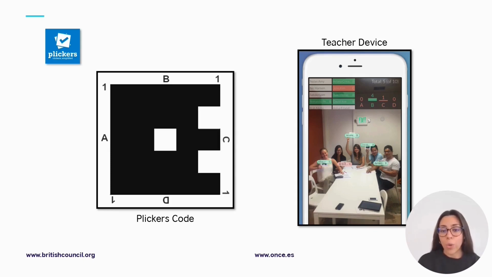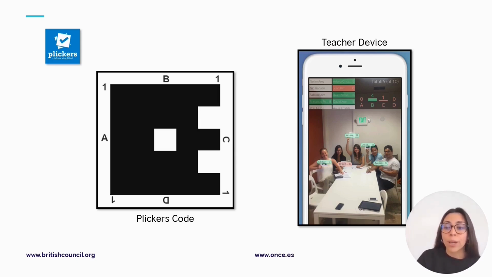Then the teacher scans with the camera, and the application is going to show on the top of the screen who has answered wrong and right, and on the other side how many people have answered right and how many have answered wrong. Okay, so it's a funny application and it is really inclusive.